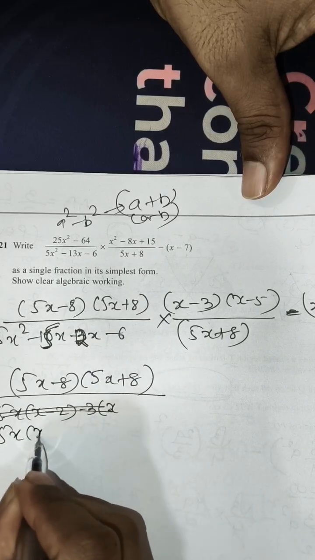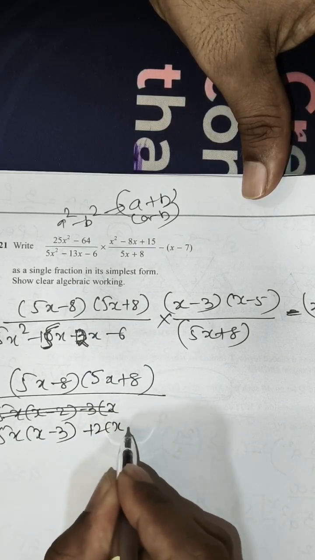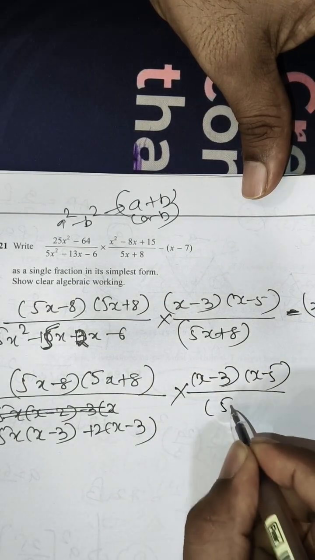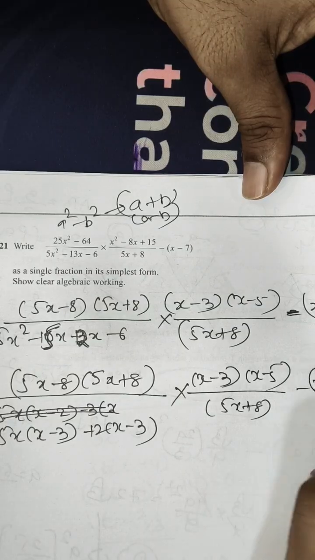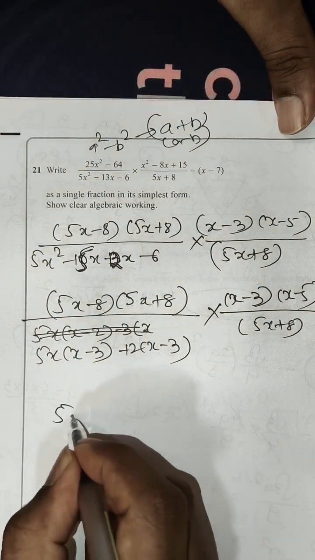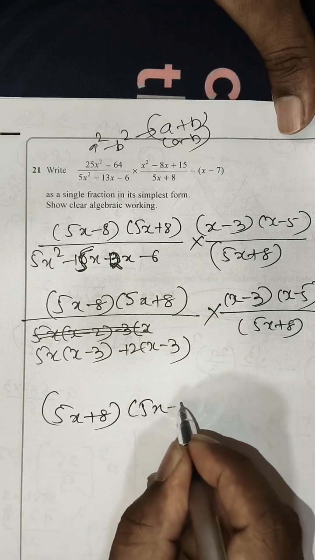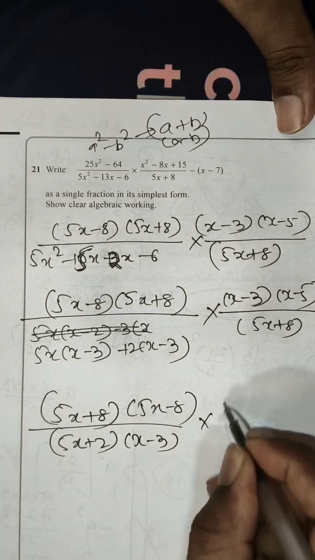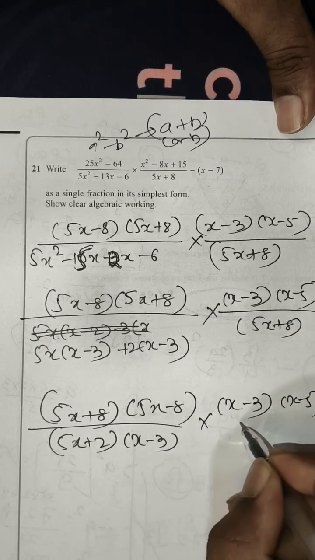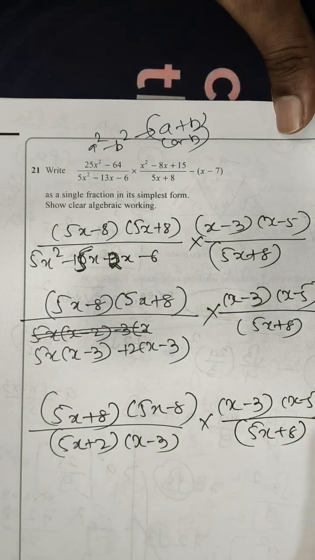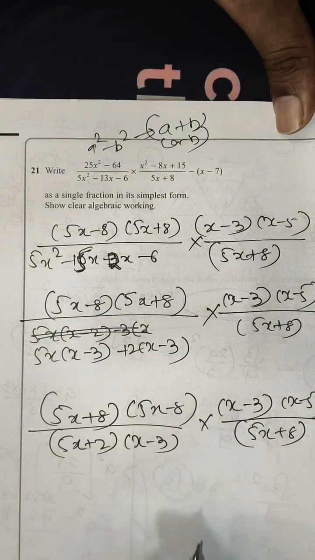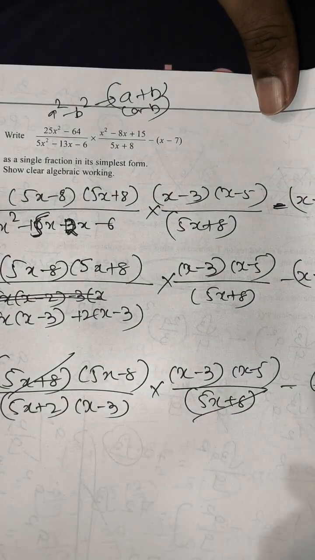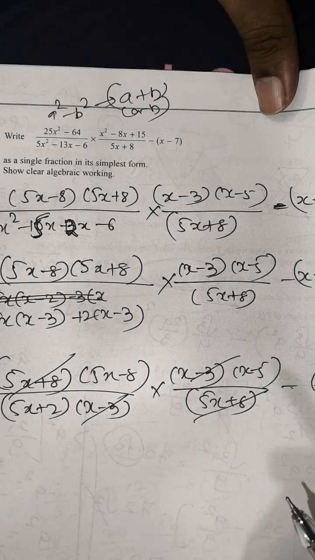So it will be 5x, x minus 3 plus 2, x minus 3 into x minus 3, x minus 5 upon 5x plus 8 minus x minus 7, which is further going to be 5x plus 8, 5x minus 8 upon 5x plus 2, x minus 3 into x minus 3, x minus 5, 5x plus 8 minus x minus 7. Correct? So what all things get cancelled? 5x plus 8 gets cancelled. X minus 3 gets cancelled.